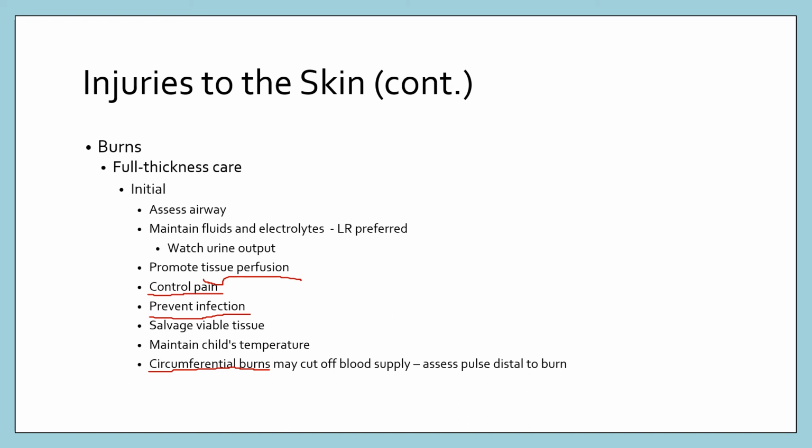So if it's a circumferential burn, think of the skin like beef jerky, where it shrinks and gets really tight, and it can actually cut off the circulation below that area. So think about this in terms of blood supply, and that you have a limited period of time to act before you're going to have loss of limb. So that's an emergency.